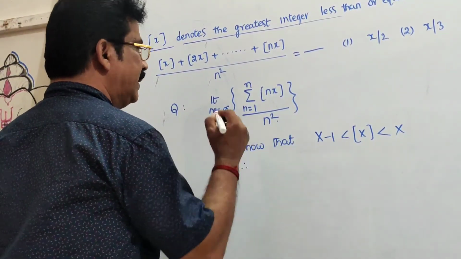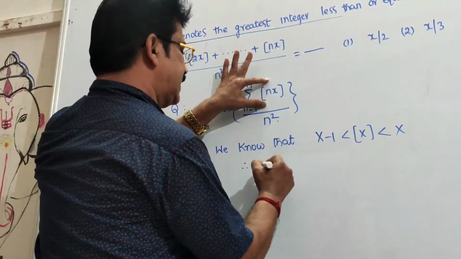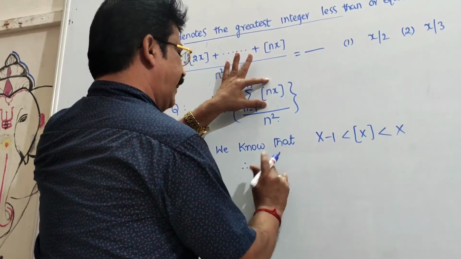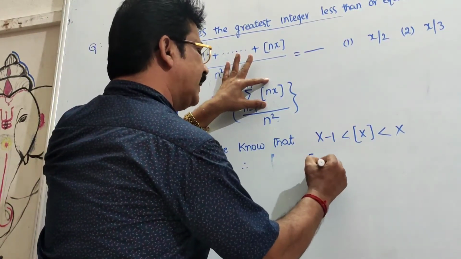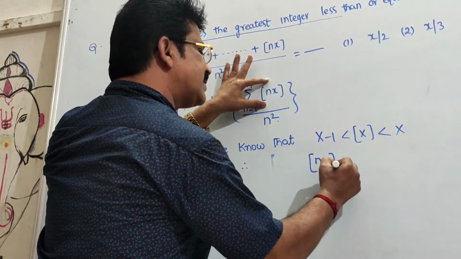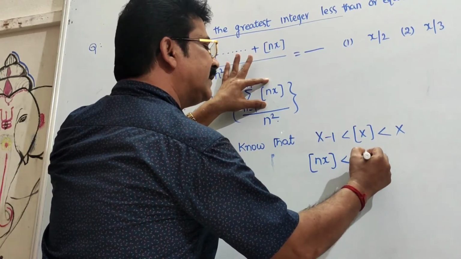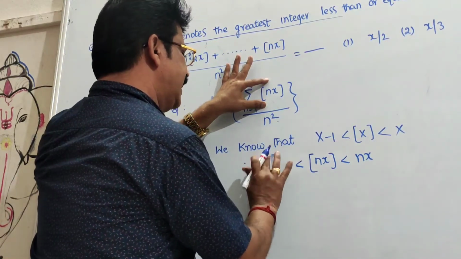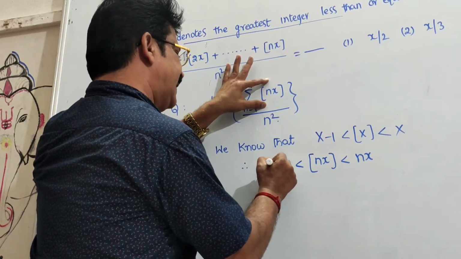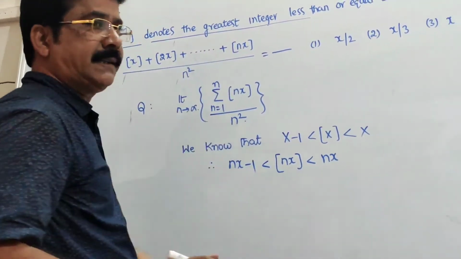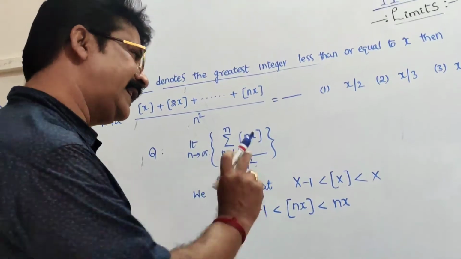In the same sense, for box of nx, box of nx is less than nx and greater than nx minus 1. Just instead of x I wrote nx.